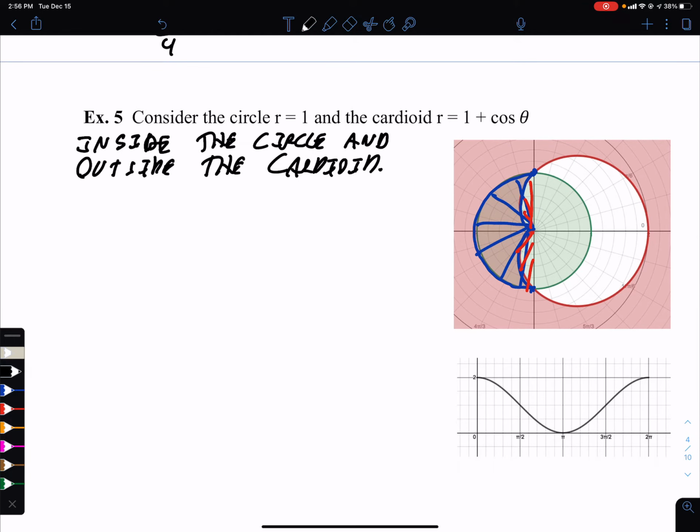So the area of the blue is going to be 1/2 r squared, which is 1 squared d theta. And that angle to that angle appears to be from pi over 2 to 3 pi over 2.